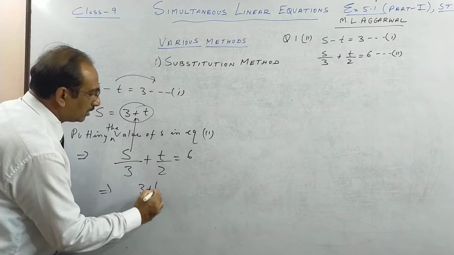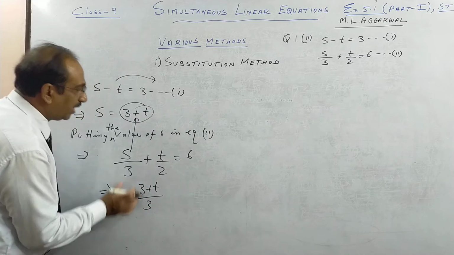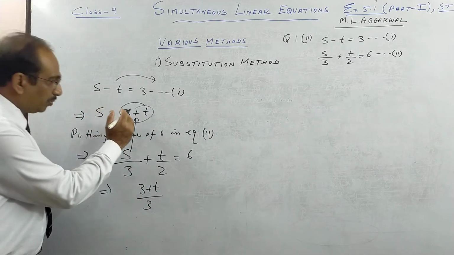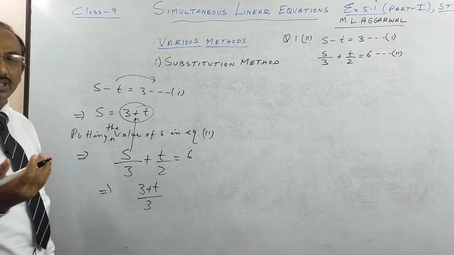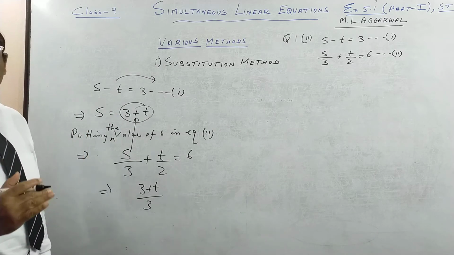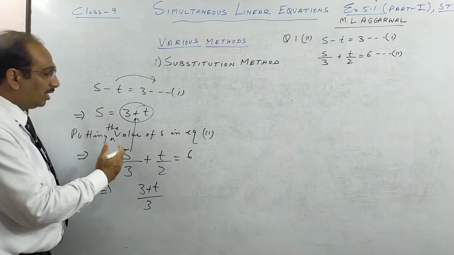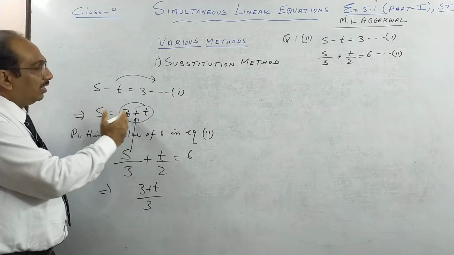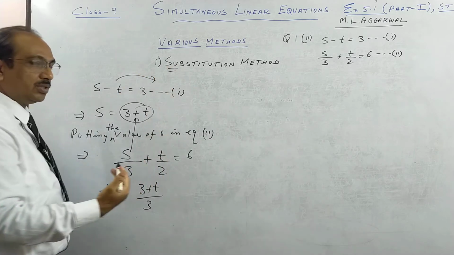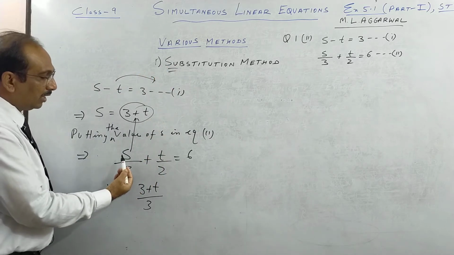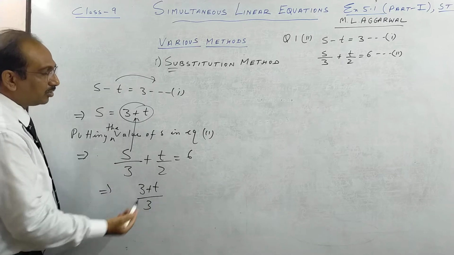Like in a school, if a teacher is absent, another teacher comes as a substitute. Substitute means if s is not there, t plus 3 will come. This is the basic meaning of substitution. We substitute s in terms of t.